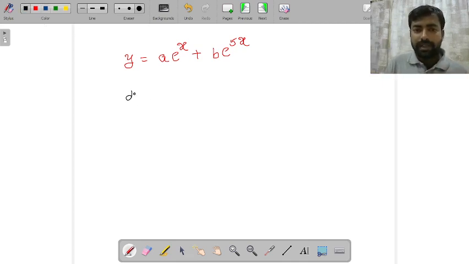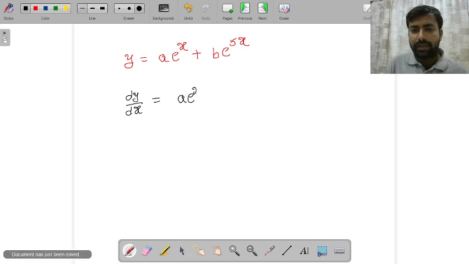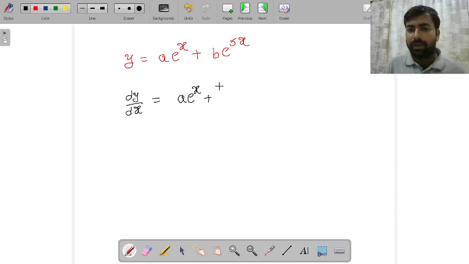So differentiate this equation with respect to x, then you get a into e power x plus, now you know derivative of e power 5x is 5 into e power 5x, so this is 5b into e power 5x.